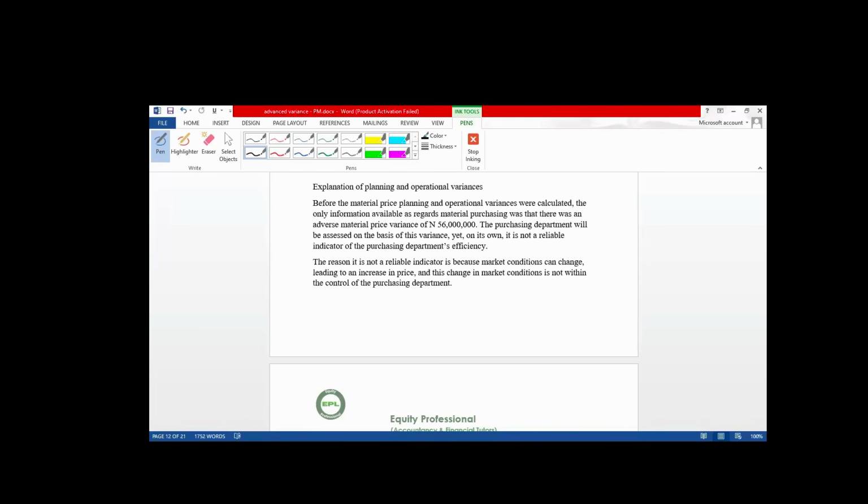And this change in market condition is not within the control of the purchasing department.